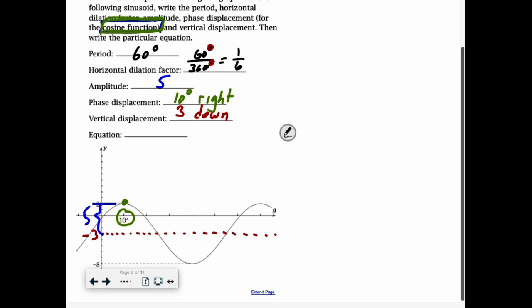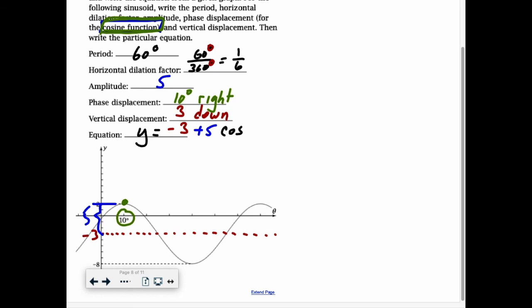So y equals, and let's start with our vertical displacement. So it's 3 down. Then it's going to be plus my amplitude of 5. Now it's a cosine function, so that's going to be cosine.